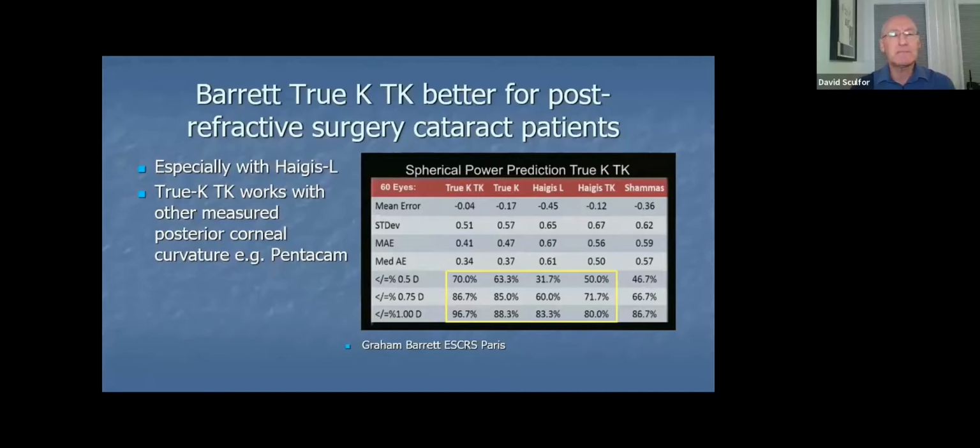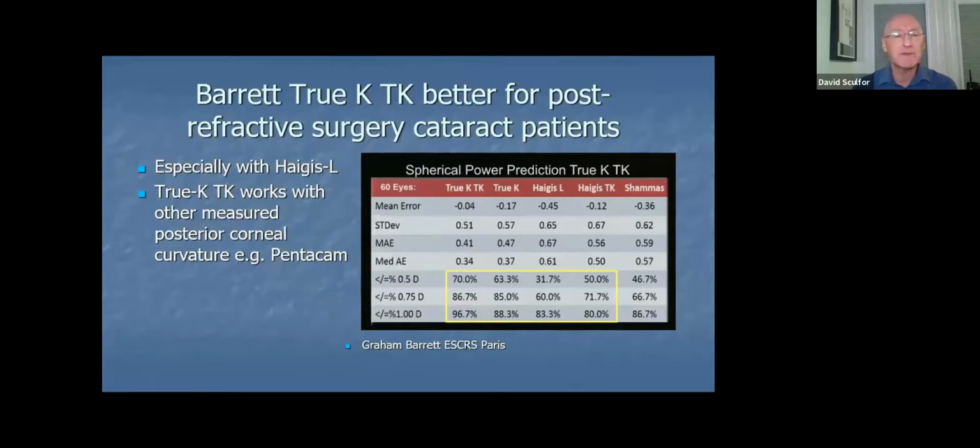So using the TK, or in fact any topographer which will measure the posterior surface, you will do significantly better using that True K TK formula rather than just the standard True K formula.